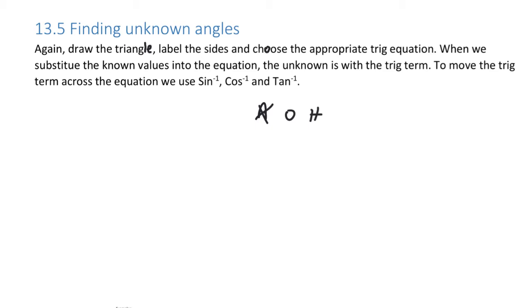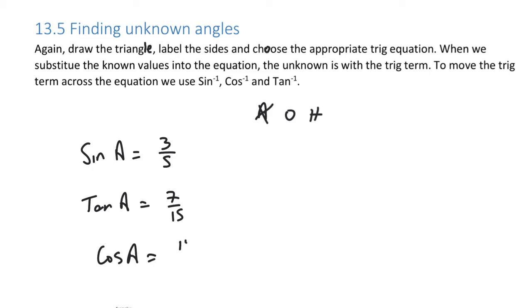So what we'll have is something like sine A equals 3 over 5, or it could be tan A equals 7 over 15, or cos A equals 15 over 31. And to get the angle on its own, we have to get rid of the sine, the tan, or the cos.